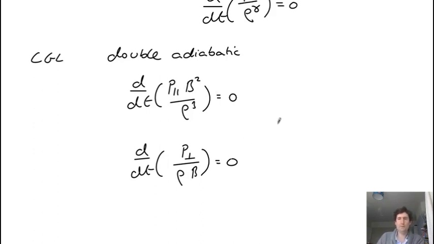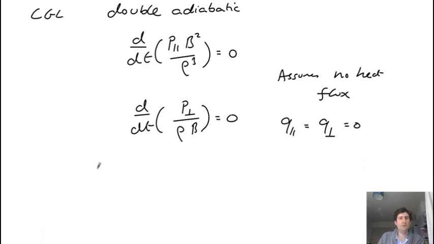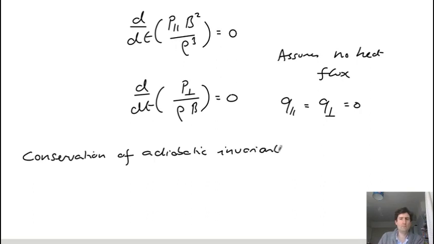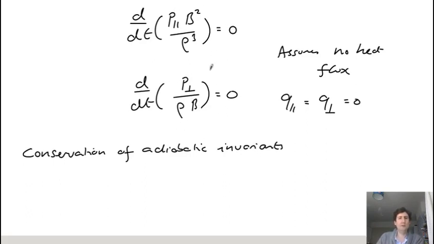It essentially assumes no heat flux, so Q parallel and Q perpendicular are 0. One interpretation of these closures is that these are conserving the adiabatic invariance. We'll see a different derivation of this from a different justification next video, but for now we can consider what these mean physically.